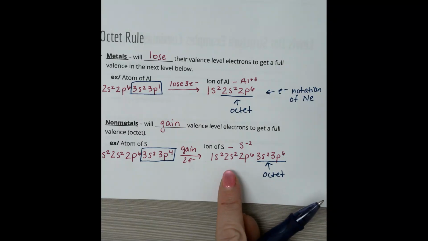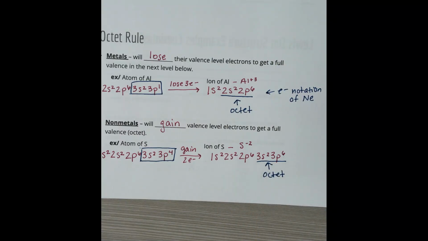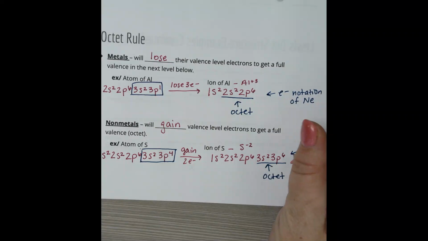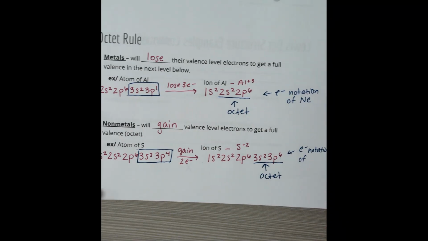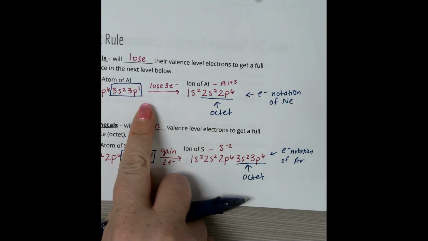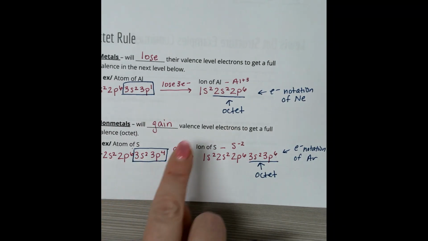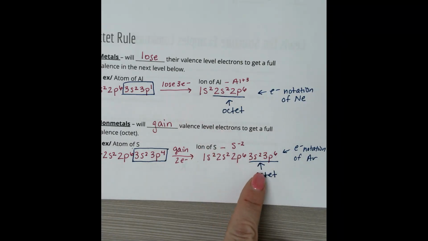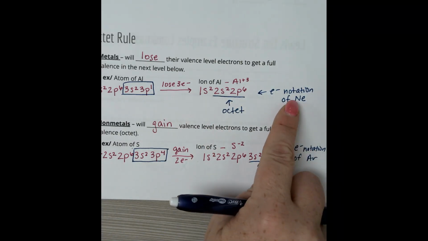If I'm looking at this one where I have 3p6, this one is argon. So whenever it gains or loses electrons, it should be forming a notation that corresponds to a noble gas.